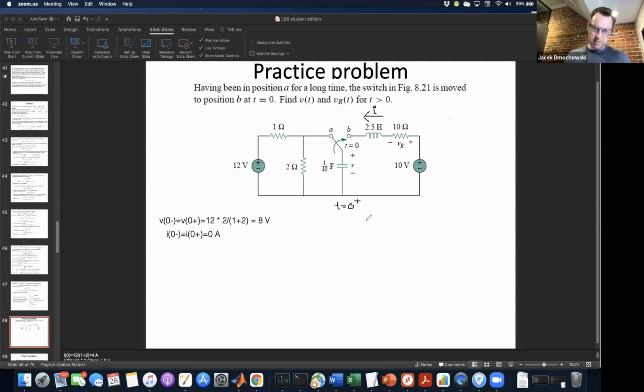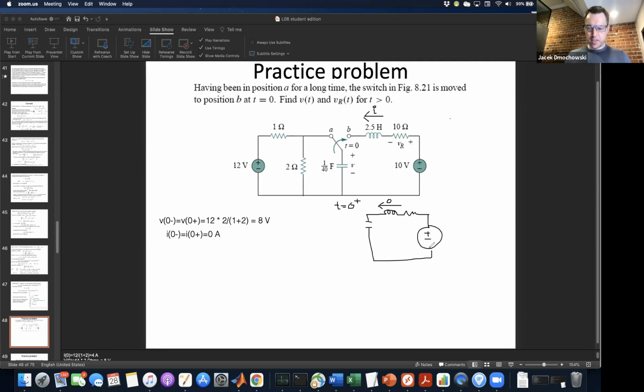Okay, and we still have our capacitor, and now we can't assume that the capacitor is in steady state. Can't assume anything because the switch has just flipped. We have this picture. And we have no current flowing here.